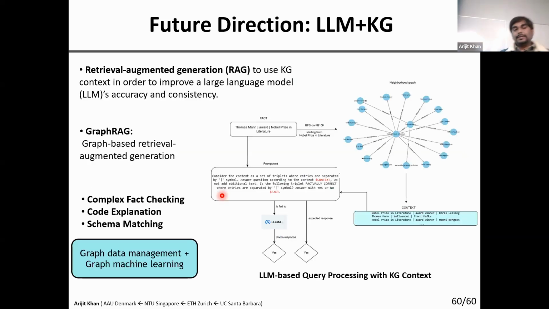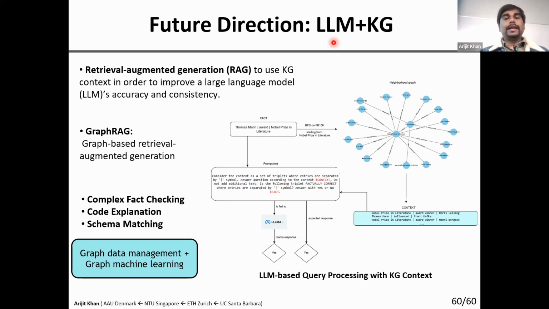Okay, this is the last slide, and it is about future directions. We have also started looking into large language models, and in particular, the synergy between large language models and knowledge graphs. Large language models are often very good at conversational queries, but if you have more complex queries which require reasoning, such as complex fact checking, code explanation, or schema matching, then they often do not work well.